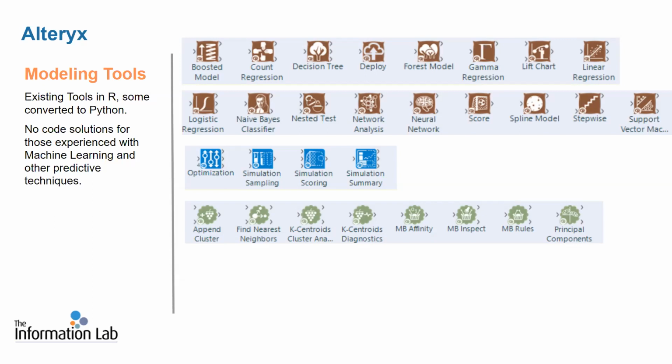They include all sorts of tools across decision trees and forest models, and these are the ones that Close Brothers used in the example that I talked about. We've also got clustering techniques as well as simulation for that prescriptive modeling that I talked about.